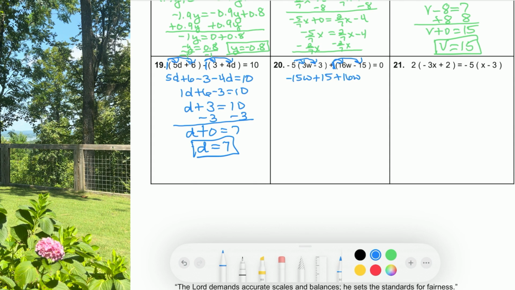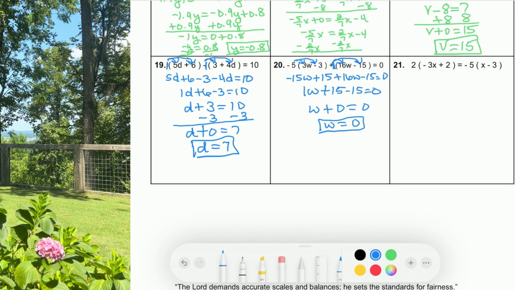And then we have 1 times negative 15, which is minus 15. Okay, so we have a negative 15w plus 16w, which is 1w. Then we have 15 minus 15, which is 0. So w equals 0.